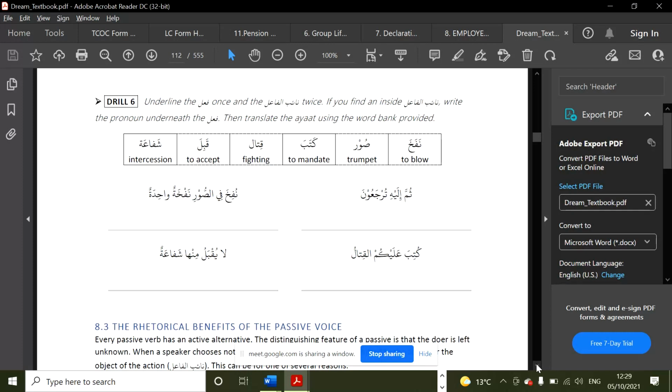Now please give me the hidden pronoun in it. What is your naibul fail here? Nufikha is in the huwa form. Very good. So we look for an outside word as naibul fail. Do we have an ism here in the rafa form next to it? What is next to it?